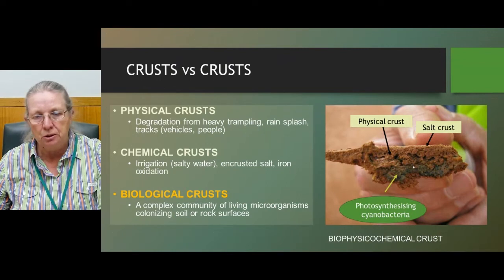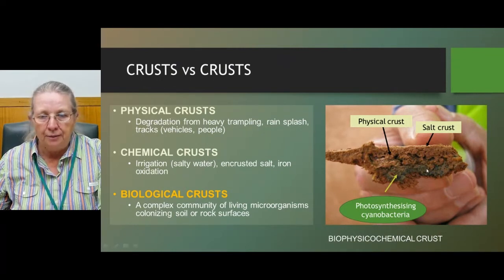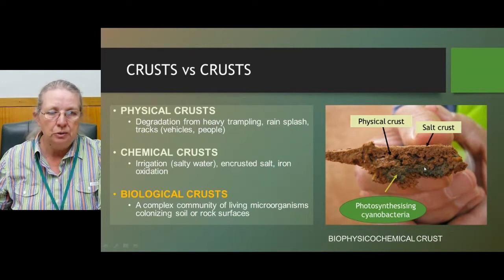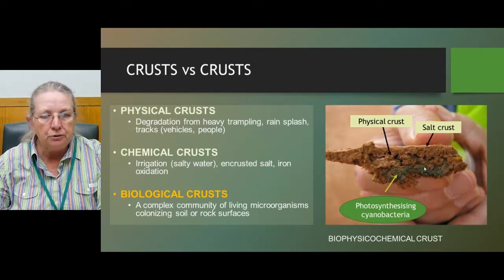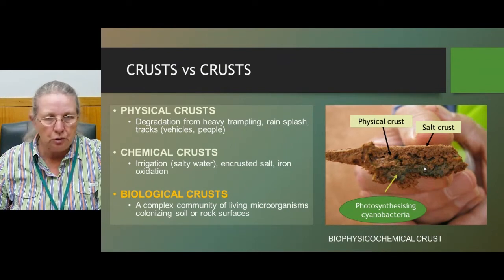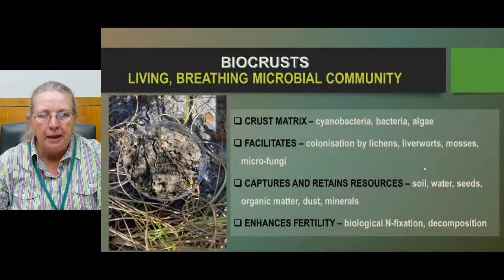At the bottom is a crust of photosynthesizing cyanobacteria, living underneath a salt crust which has formed a physical crust. These crusts can be confused in the field, but today we're talking about biological soil crusts, or biocrusts for short. Biocrusts are a living, breathing microbial community.